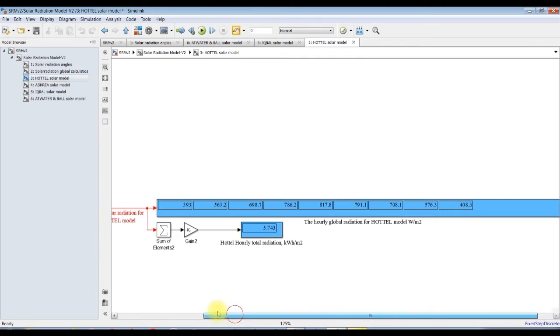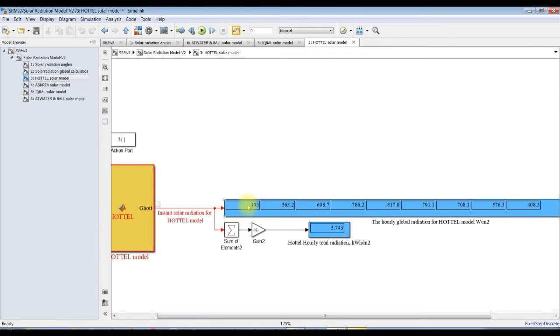Okay, this is the starting day hour, watt per meter square, starting day at 8 o'clock, 9, 10, 11, 12. This is the midday hour.